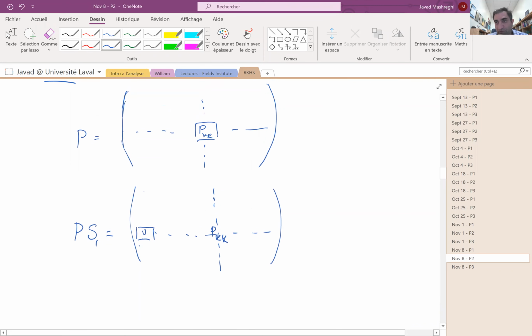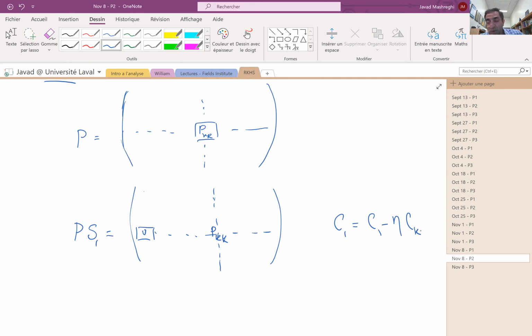If I use the same notation that I use in a course I gave about 2 years ago, called Introduction à l'analyse, very elementary analysis, the thing we do is that we replace column 1 by column 1 minus a coefficient times column k. This is not an identity in the language of mathematics, it's an identity in the language of computer programming.